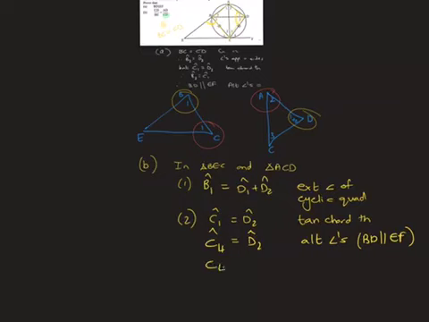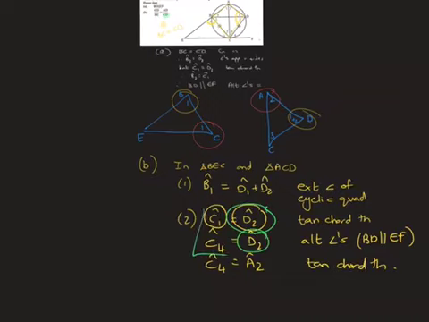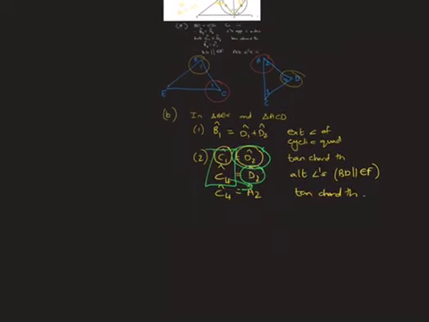But we also know that C4 is equal to A2 because of tan chord theorem. Okay, so C1 equals D2, but D2 equals C4 there. So C1 equals C4, but C4 equals A2, so therefore by conclusion C1 must equal A2. Right, just by logical extension.